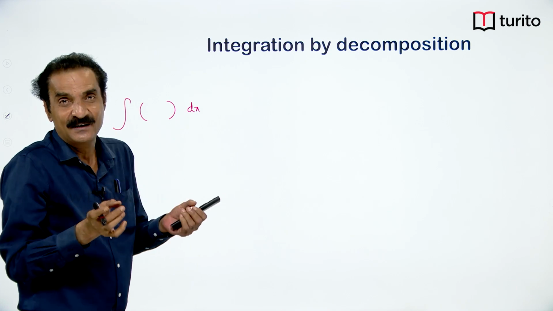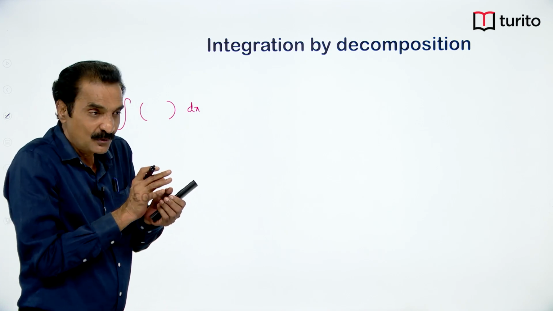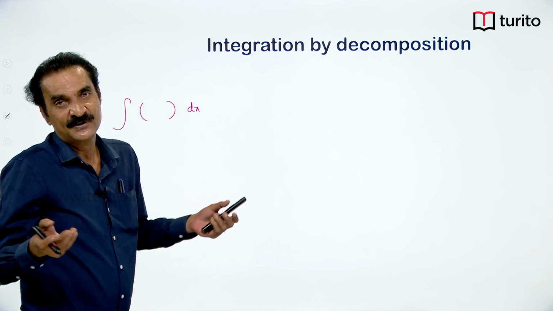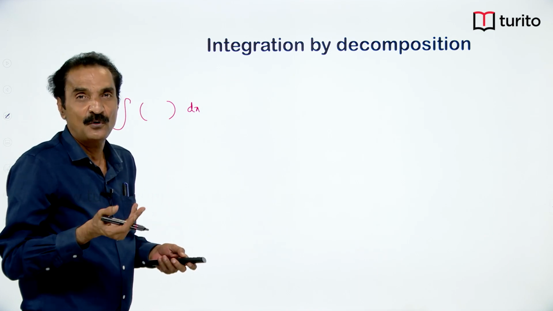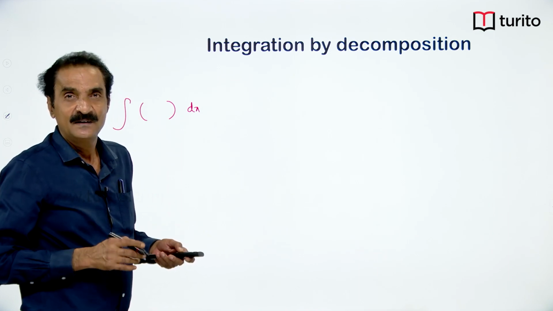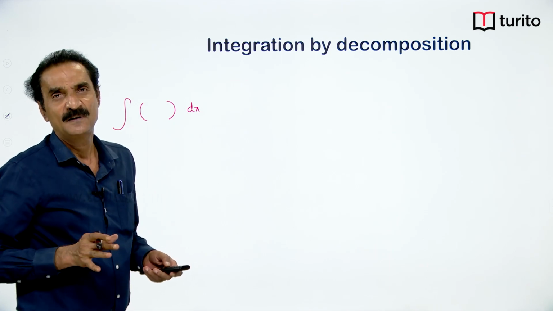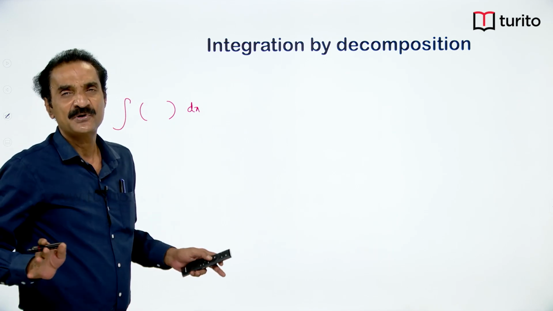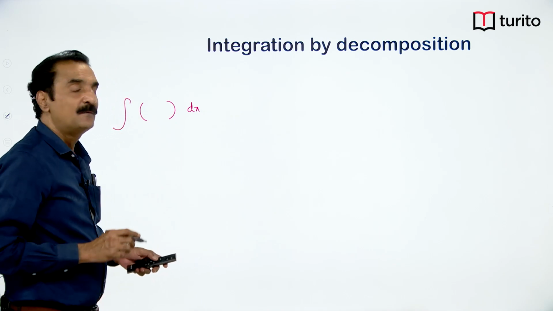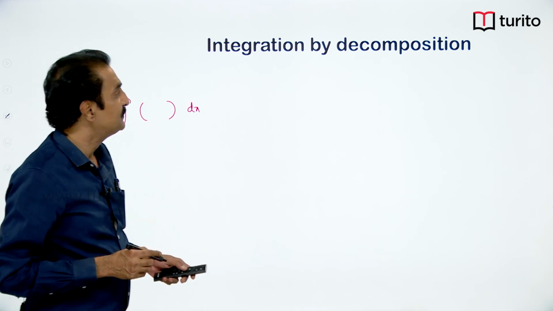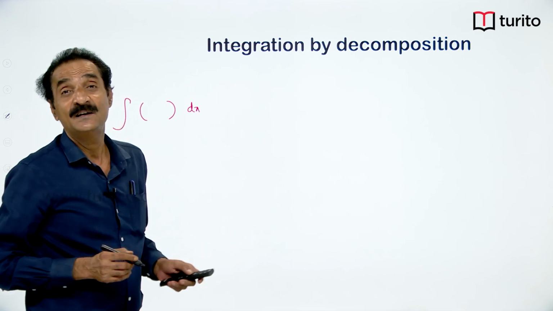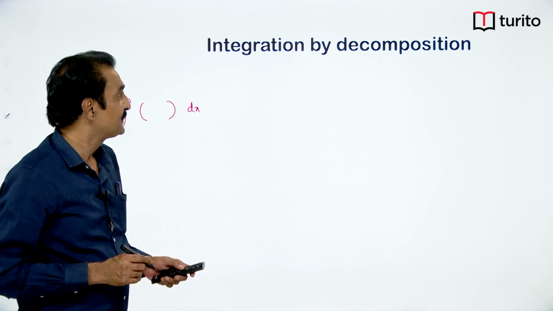Decomposition means splitting the function into a sum of 2 or more functions or a difference of 2 or more functions. That is the meaning of decomposition. Okay. This is the first basic method. First we should try the decomposition method. Now we can understand this more clearly through problems.